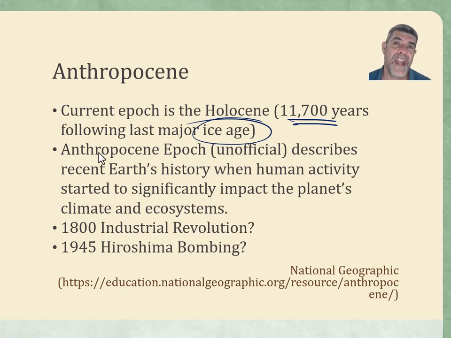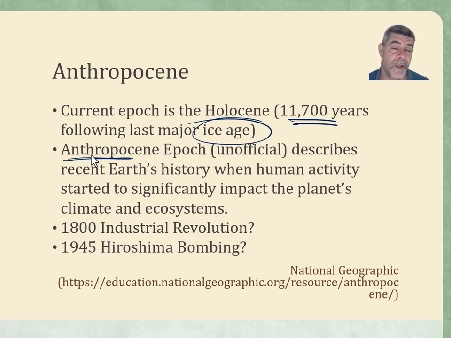So what's now being referred to is an epoch known as the Anthropocene, and anthropo basically means human. So we're starting to actually name a geological time period after ourselves, which could be regarded as a level of arrogance in order to explain just how much of an impact humans have had.